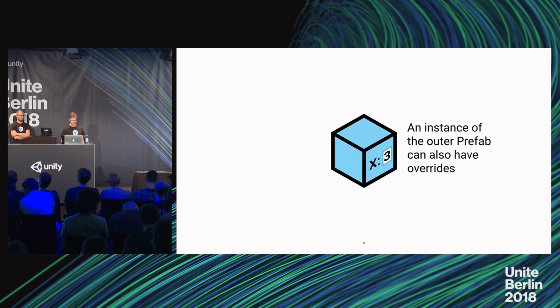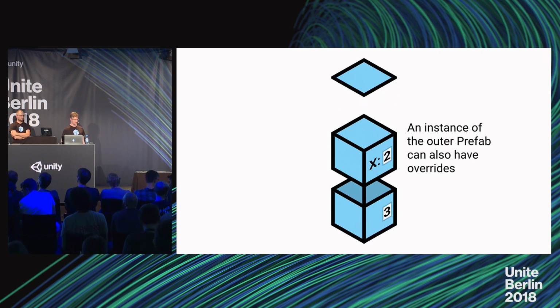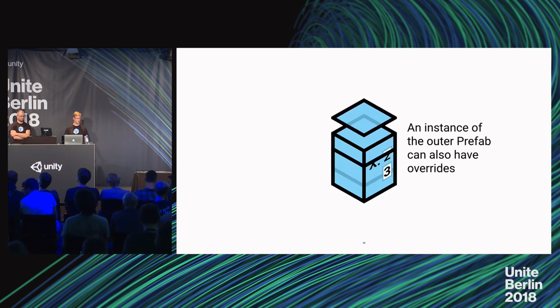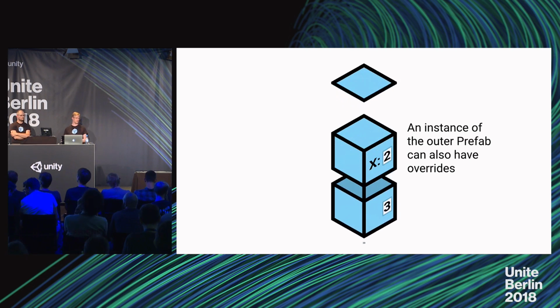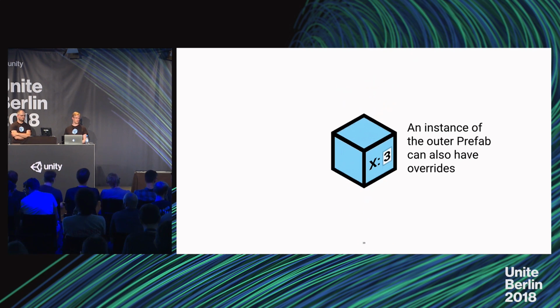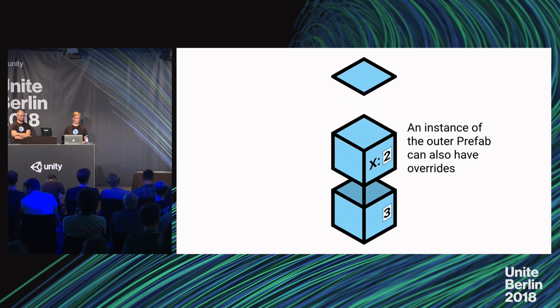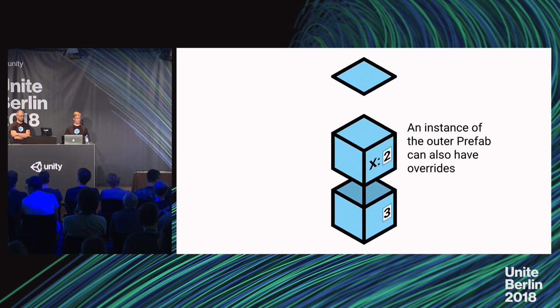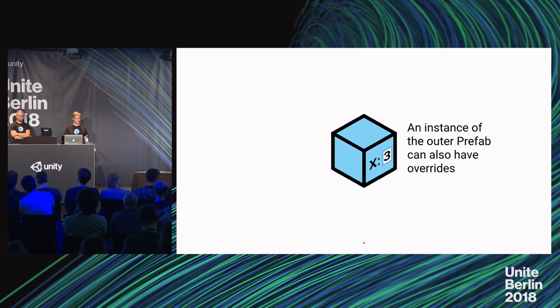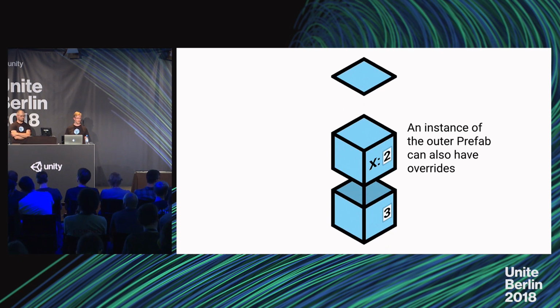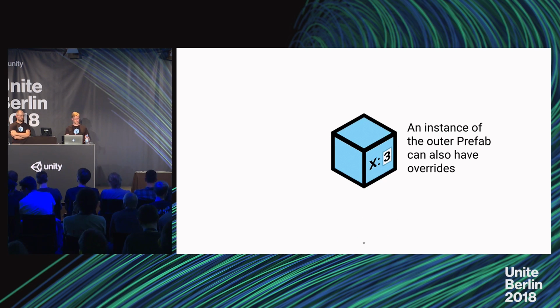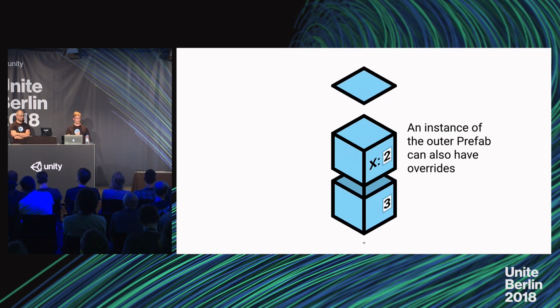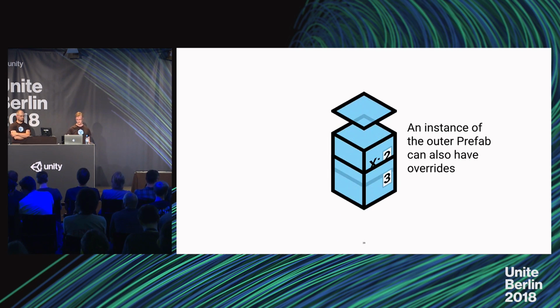If we take it all together, here we can see the inner prefab instance inside the outer prefab can have an override, but then again the outer prefab instance, for example in your scene, can also have an override. And the outer override takes precedence because it shadows the inner override.